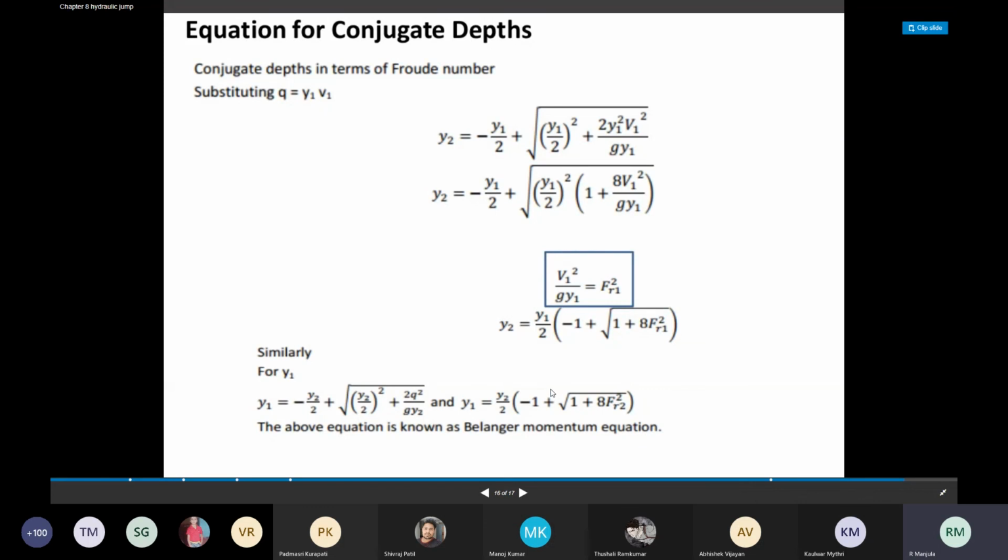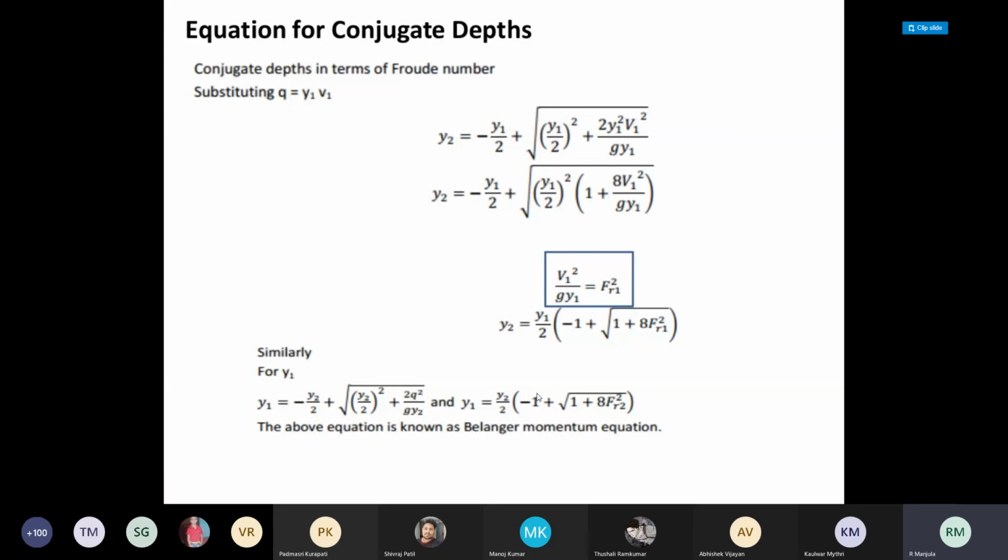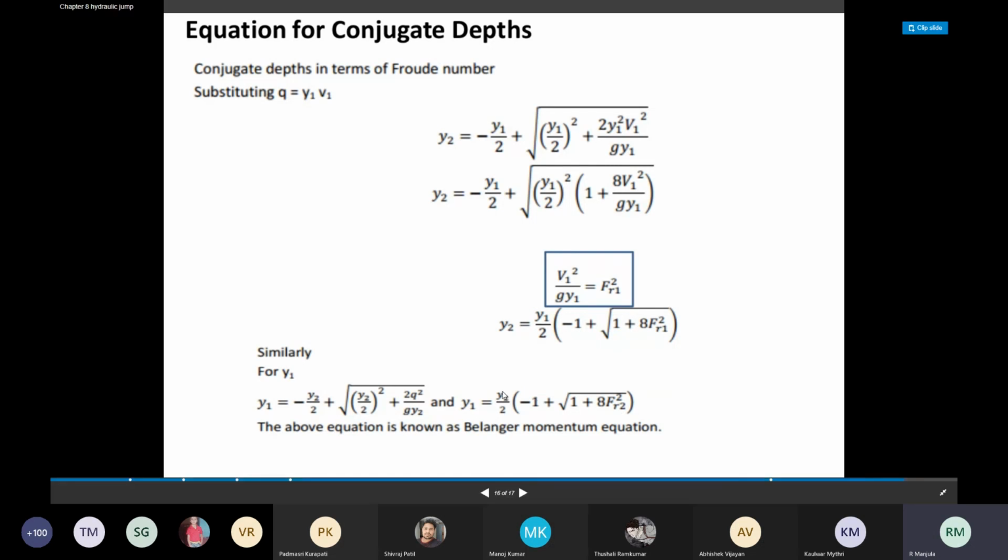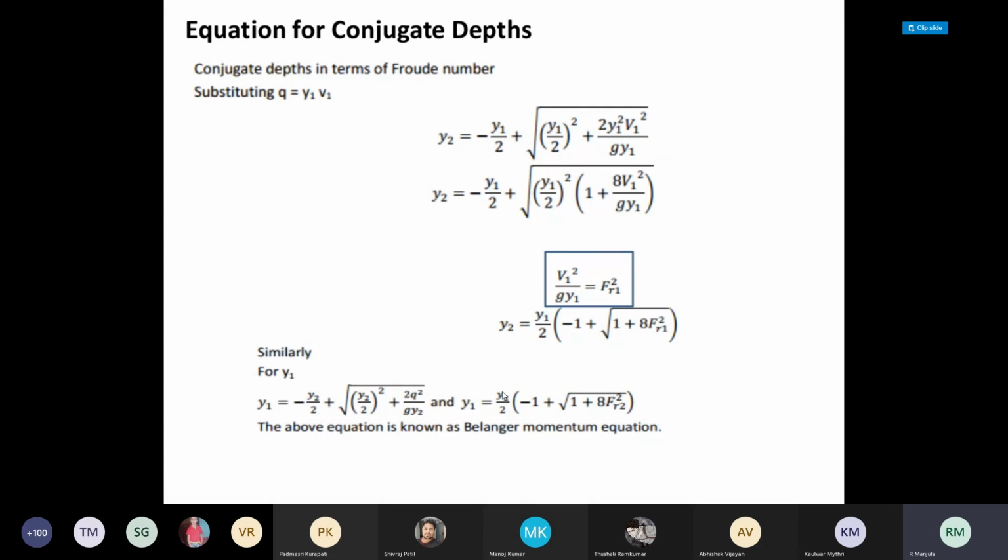Okay, so these are the most important equations for hydraulic jump for a rectangular channel, for computation of conjugate depth given the discharge of the channel. If you know the discharge, then considering the unit width of the channel, you can find the conjugate depth.